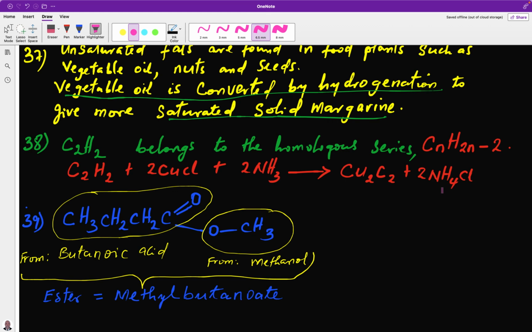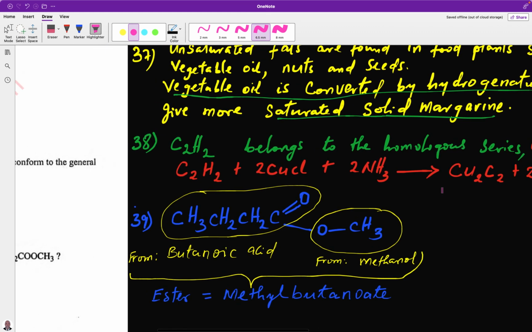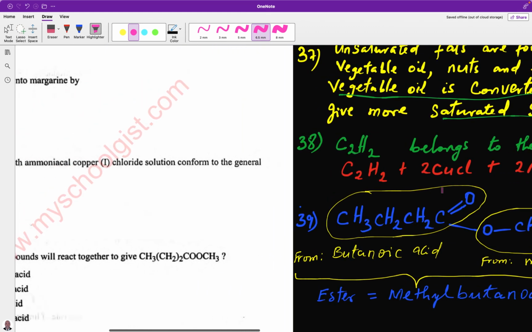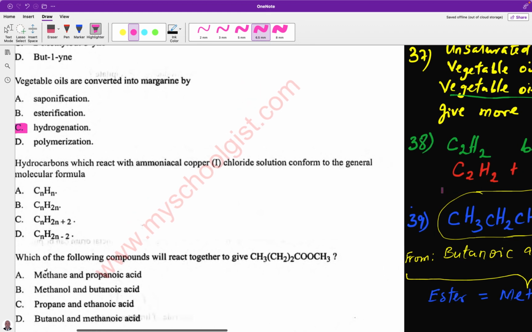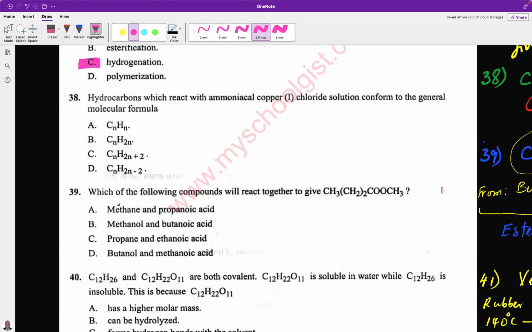This shows that it belongs to the formula CnH2n-2, which is D.